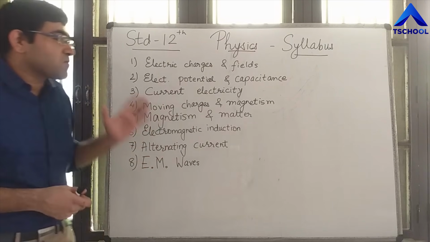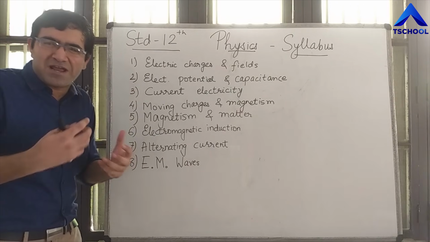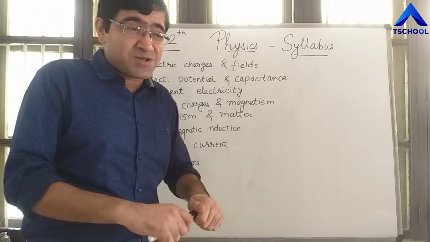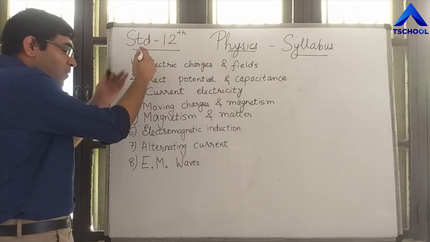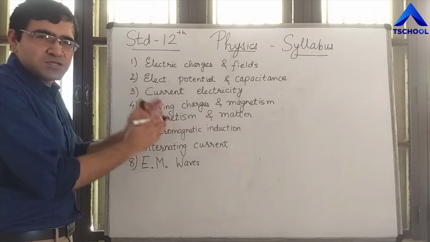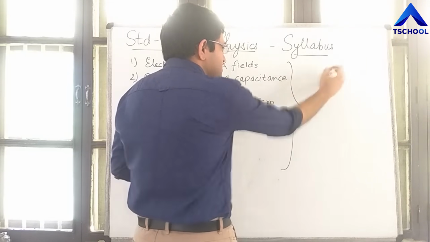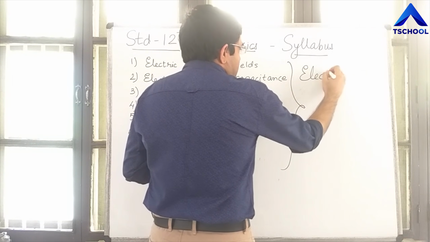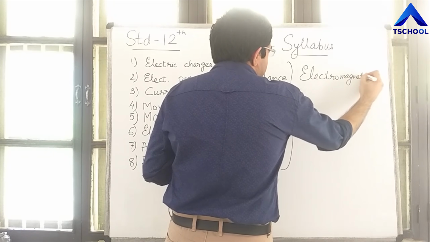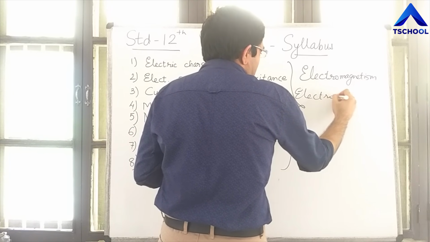Now as you may have noted, here we are using the word electromagnetic again and again. That's because this whole part of the syllabus, part 1, the first textbook out of the two, belongs to the branch of physics called electromagnetism, or sometimes also referred to as electrodynamics.